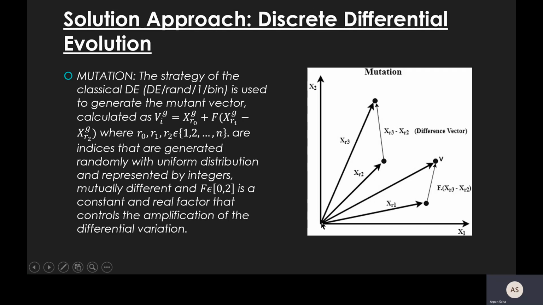Suppose there are two variables, x1 and x2, and in this variable space there are 3 individuals in the population, XR1, XR2 and XR3. Then from these 3 individuals we get a new individual after mutation, which is called the mutant vector V, by this equation: XR1 plus F into XR2 minus XR3. This is the difference vector XR3 minus XR2.